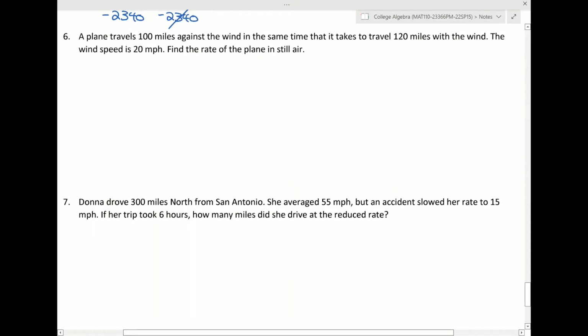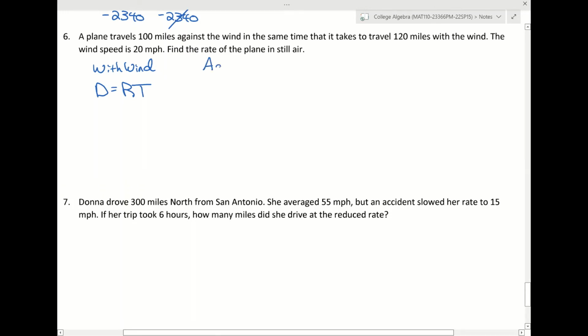When we're talking about speed and distance, we use the equation d equals r times t. The distance you travel is equal to your speed times the number of hours that you're traveling. So we'll say with the wind, that's going to make us go faster. If you're flying with the wind, you're going to go a little bit quicker.